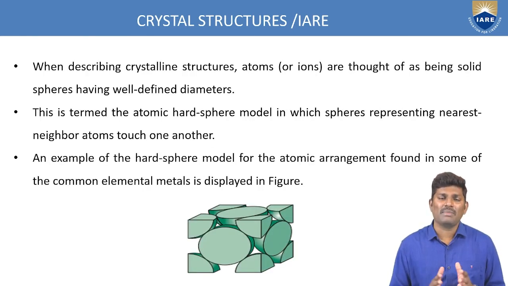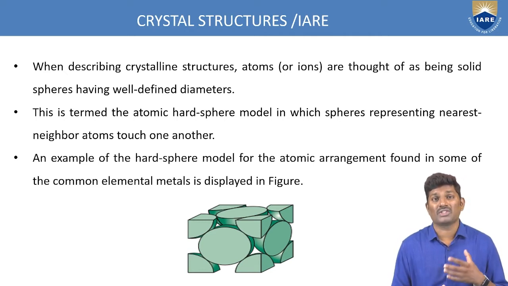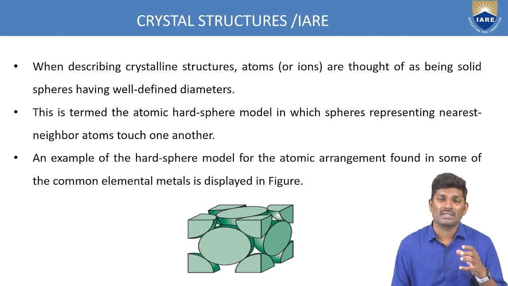Now, when describing any crystal structure of atoms, which are having ions, by taking a solid sphere with a defined configuration and well-defined diameter, you can easily describe what type of crystal nature it is, and this is termed the atomic hard sphere model.